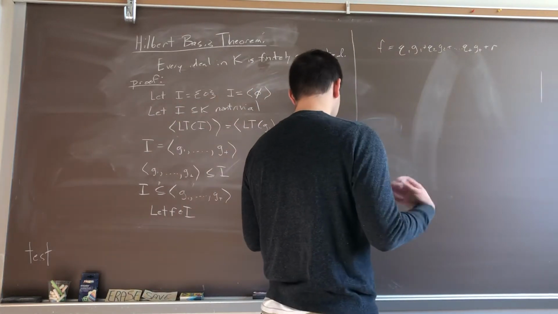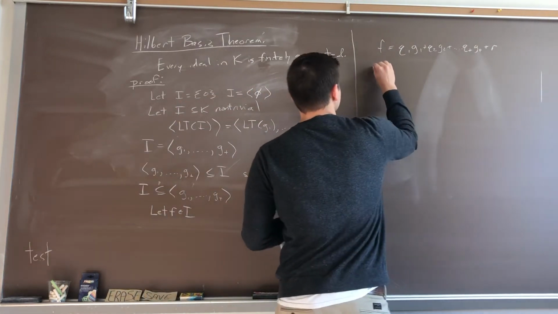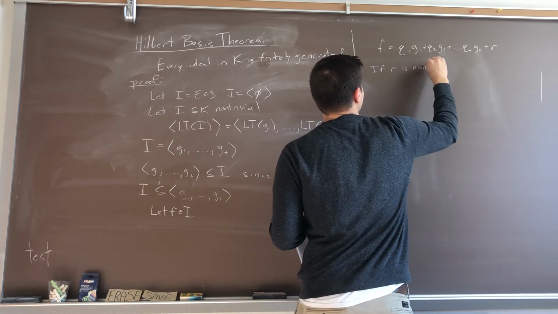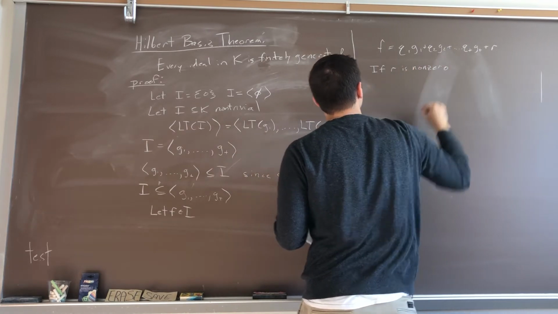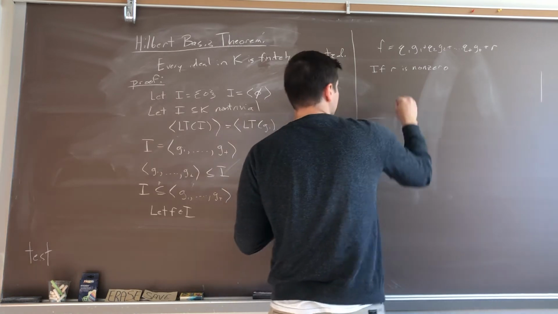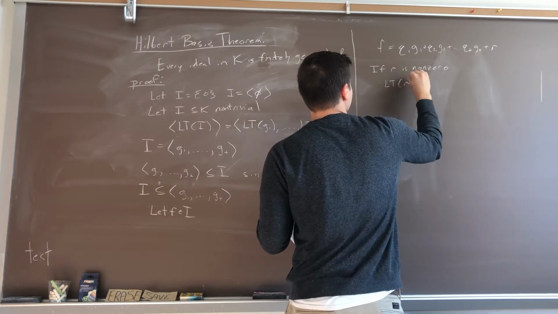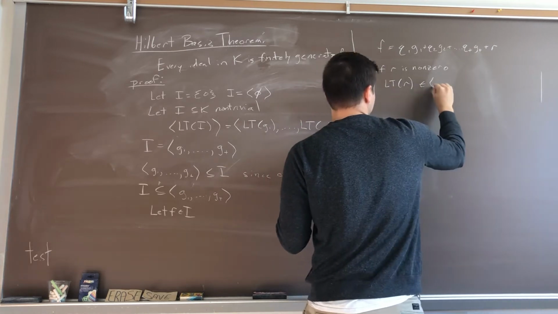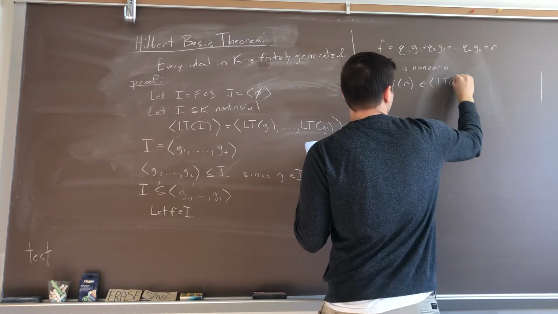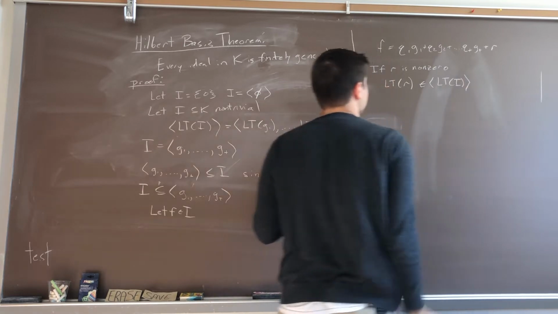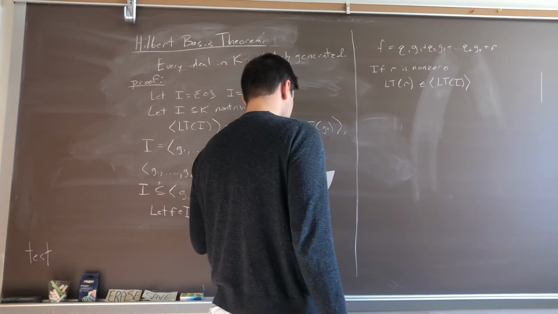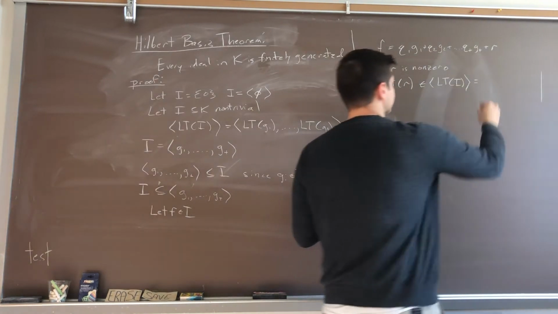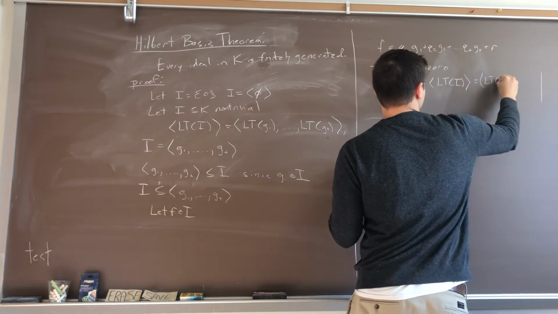But basically, if r is non-zero, then we know that the leading term of r has to be an element of the ideal generated by the leading terms of I, which is, as we said before, the ideal generated by the leading terms of each g_i.